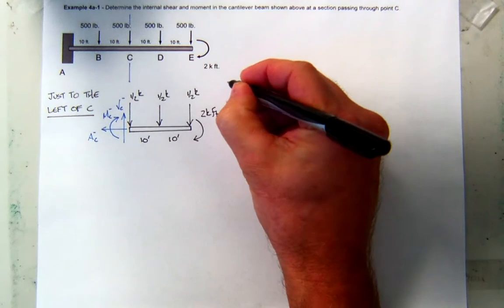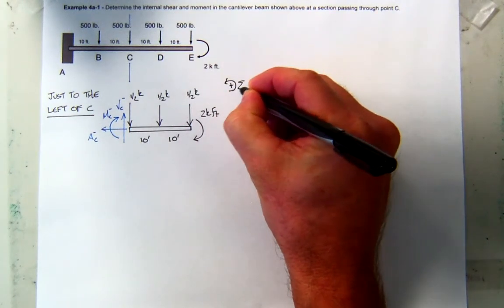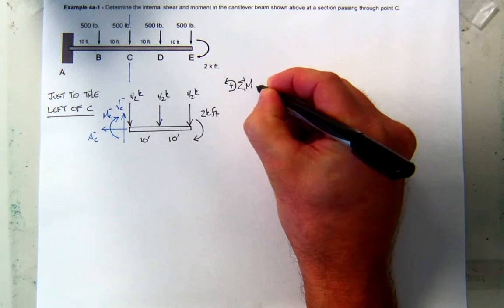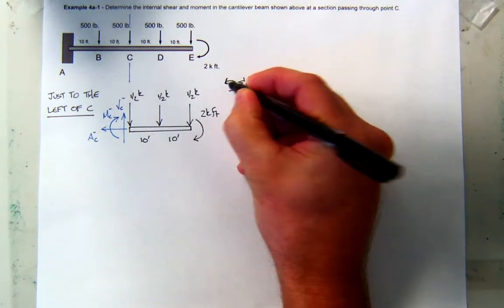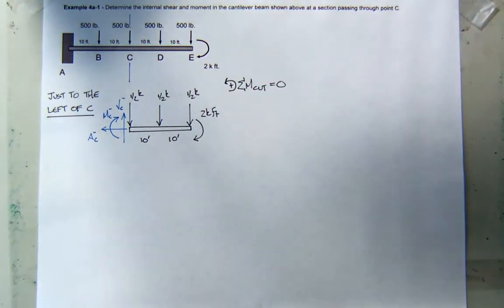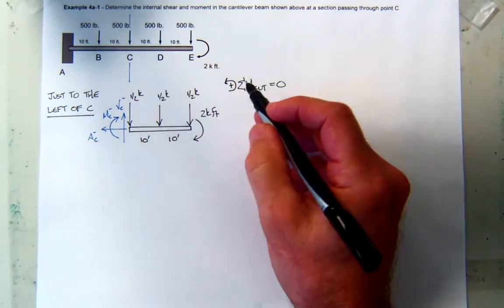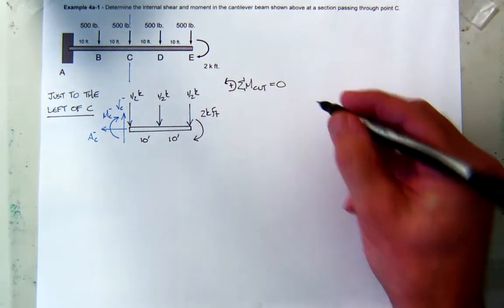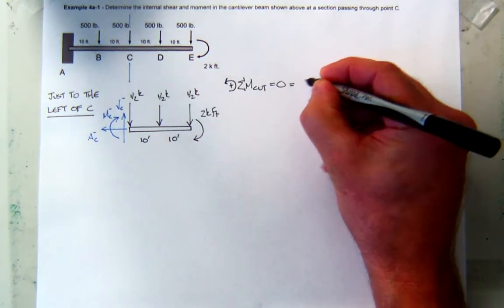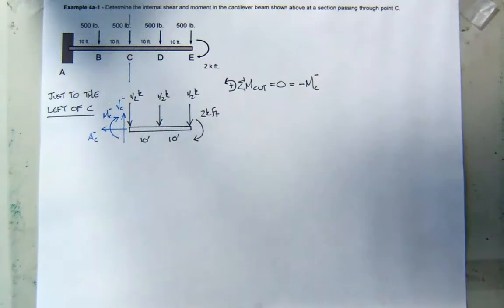So the first thing I'll do, as we mentioned before, is sum moments about the cut that I just made, to make sure it's in equilibrium, and I'll assume right-hand rule for my sign convention. Starting with the unknown moment, what kind of moment is that with this sign convention? It is negative. So I will write minus MC just to the left.